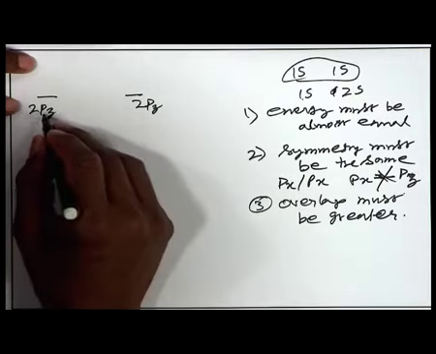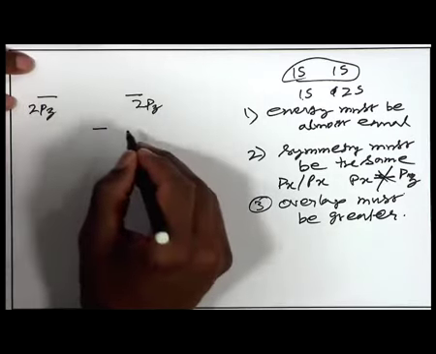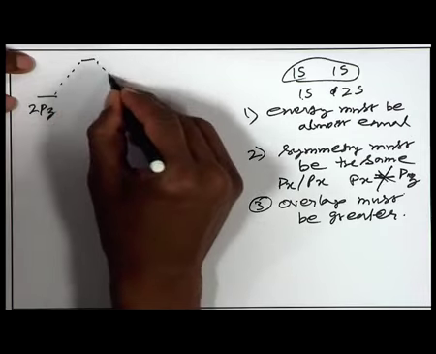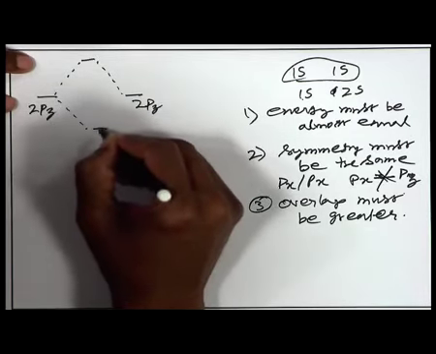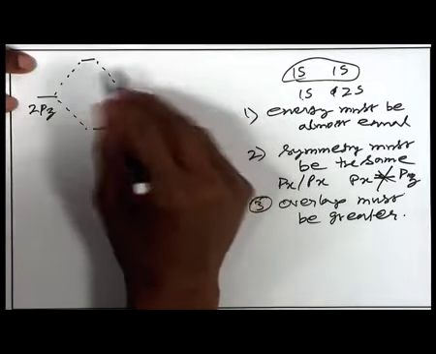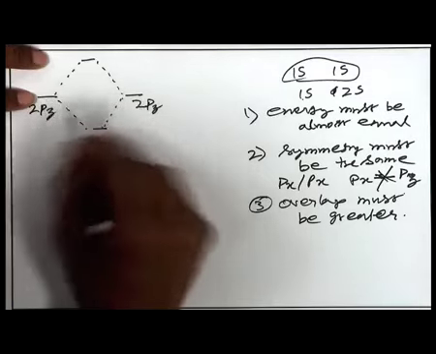Pz interacting with Pz gives one energy level lower in energy and another higher in energy, connected by these lines.